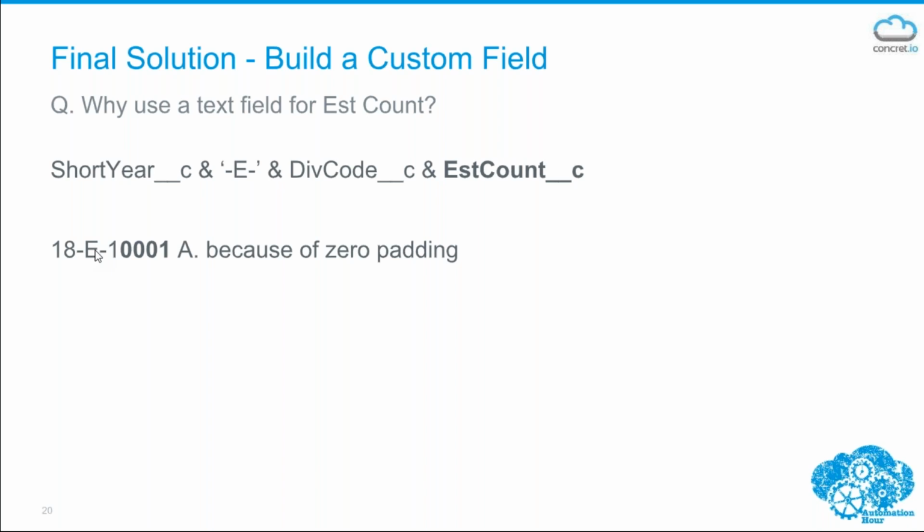It had a lot of things going on. That's how I ended up doing a formula field at the end, so there were pieces that would go together and I could work with them the way I needed to, like picking up the year or the division code. Does that answer your question?